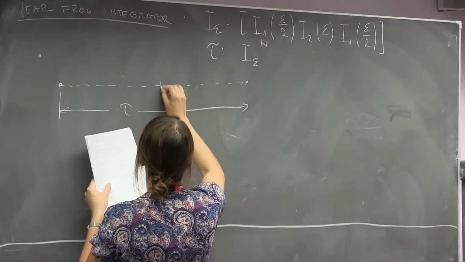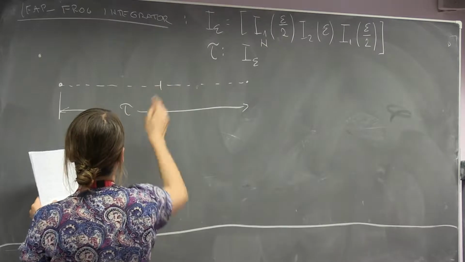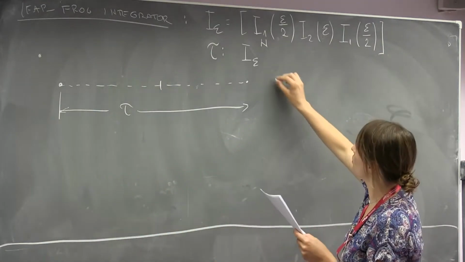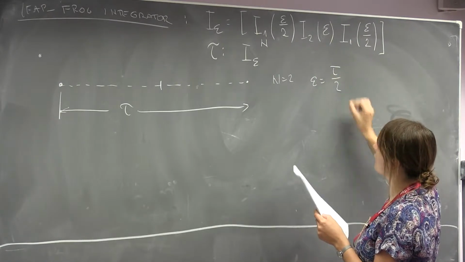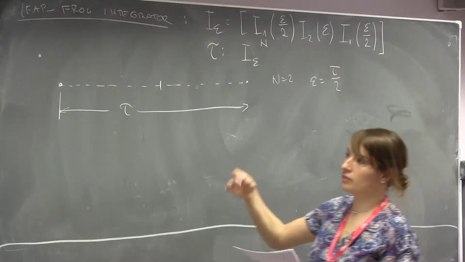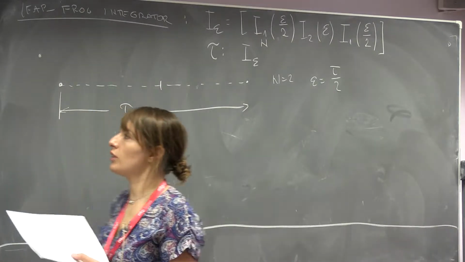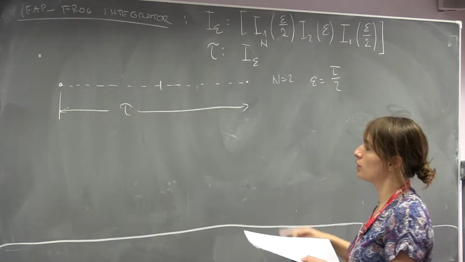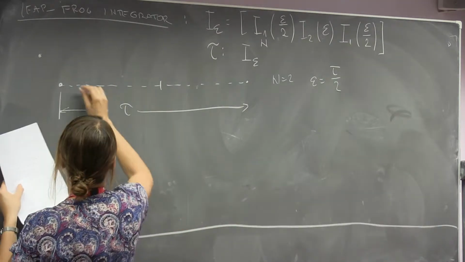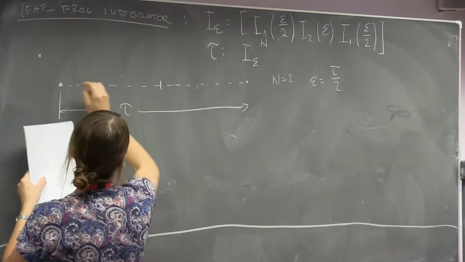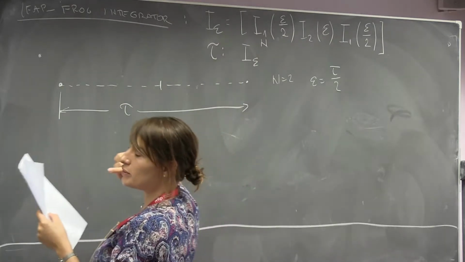Let's take the simple case when our n is equal to 2. So our epsilon would be tau half. Imagine that we only have 2 steps in which we integrate molecular dynamics equations. Often, especially with the Leapfrog integrator, one requires more.